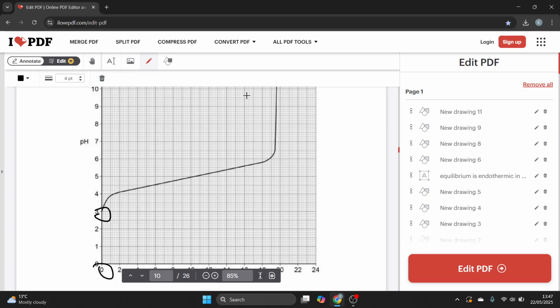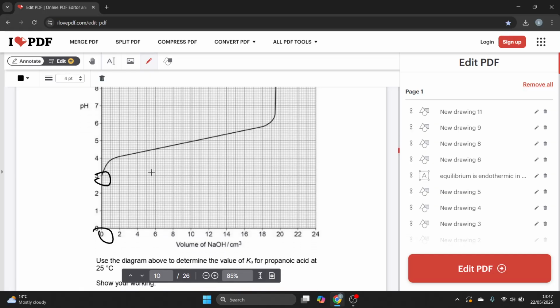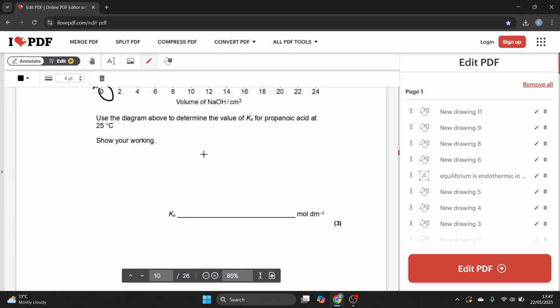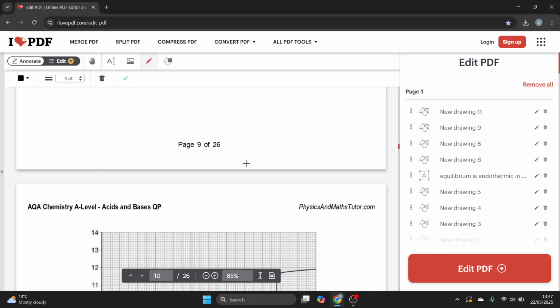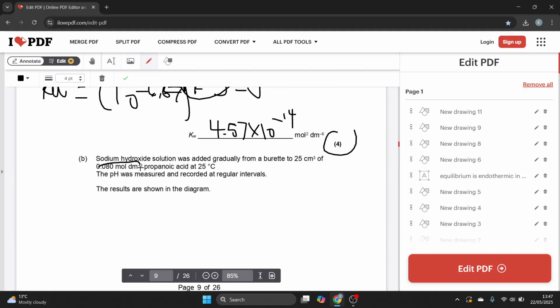But what is the key thing about pure acid? Ka over your concentration of propanoic acid, which is that.